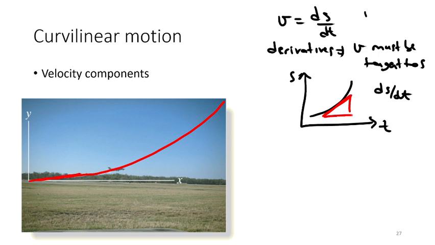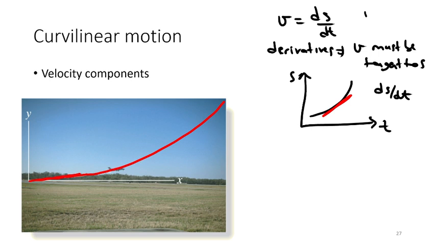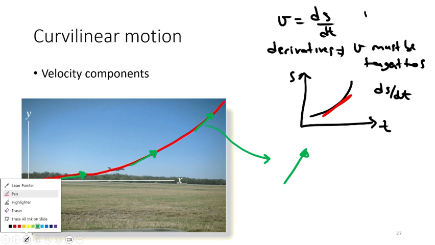Then we were doing something like this, if you remember. That is how we define the derivative. Similarly here, the velocity is the derivative of the path, so it will be tangent to this curve, and similarly here. These are the velocities of the airplane at different instants. But what we will do is take this velocity here and show its components.